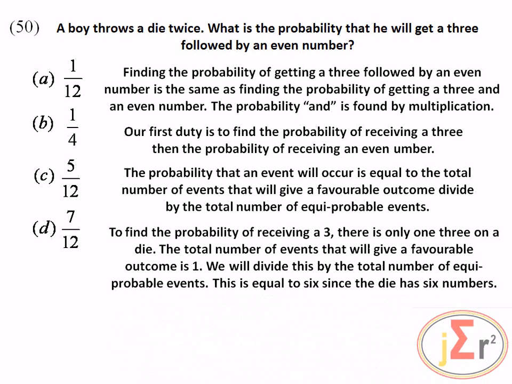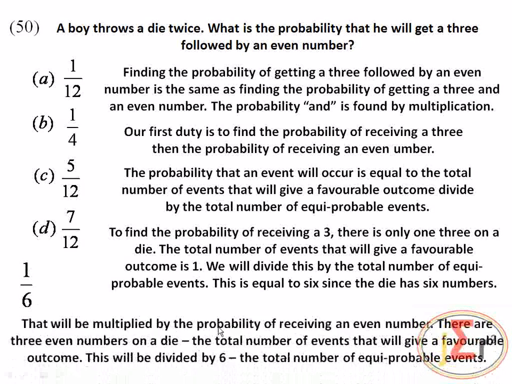So the total number of events that will give a favorable outcome is 1. We will divide this by the total number of equiprobable events. This is equal to 6, since the die has 6 faces and consequently 6 numbers. So 1 event out of 6. So 1, 3 out of a total of 6 numbers, and that is our probability.